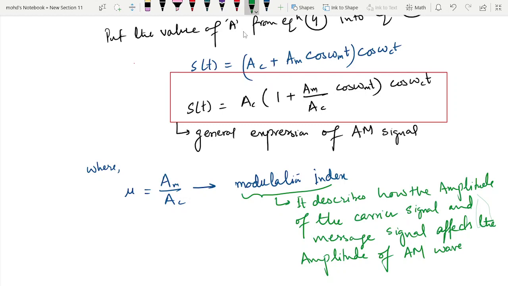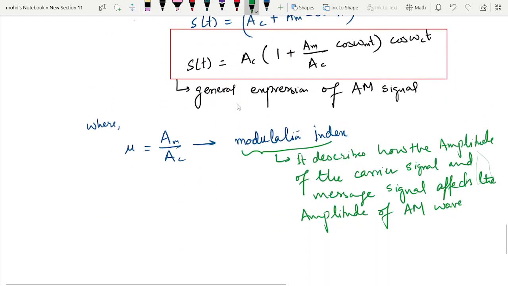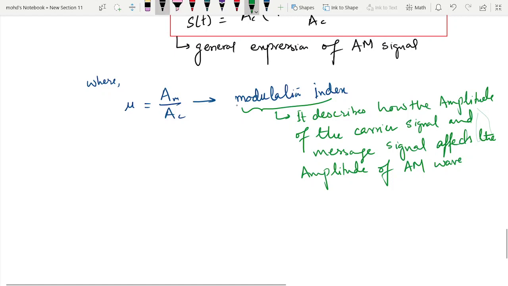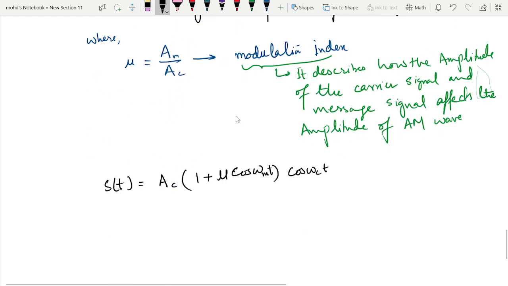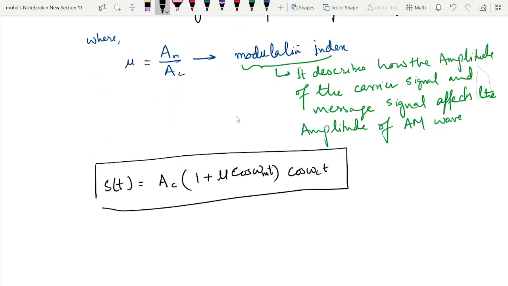So we can rewrite the above equation: s(t) = Ac(1 + mu cos(ωm t)) cos(ωc t), which is the generalized form with the modulation index.